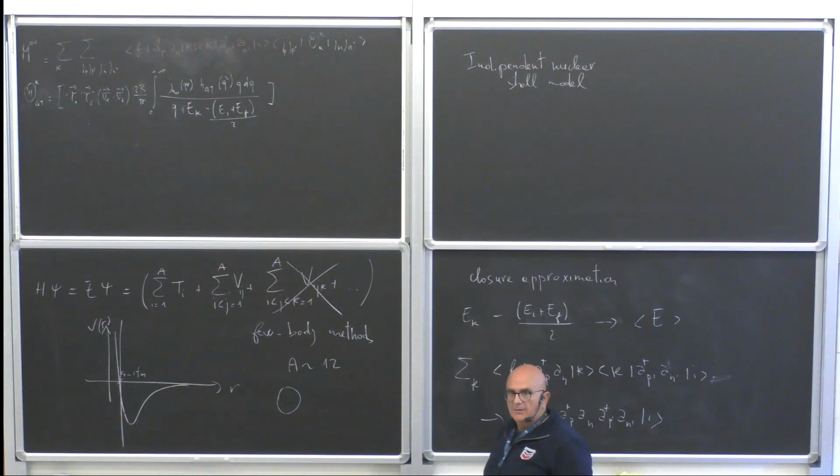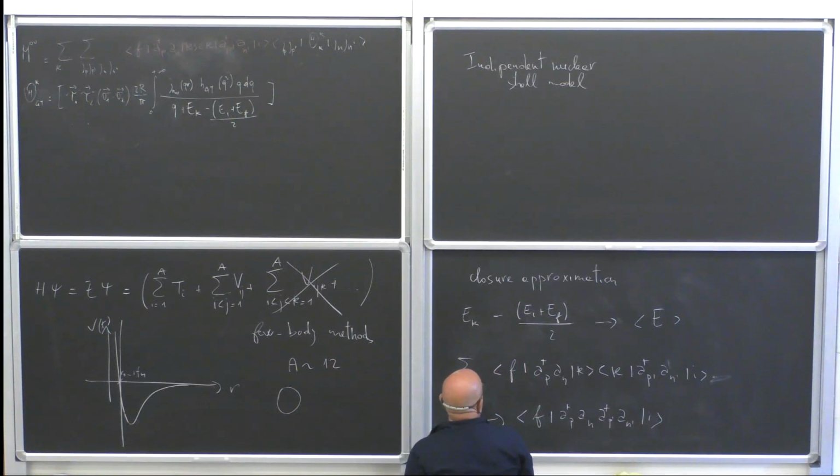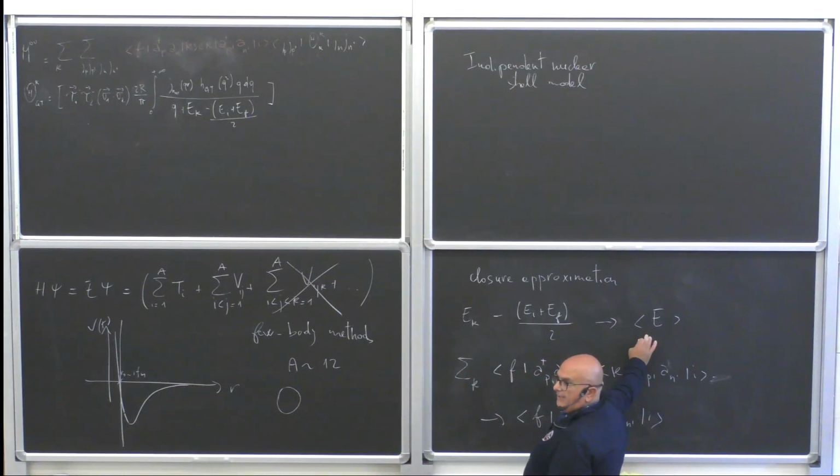This is a simplification. First of all, the dependence on this average value is very weak. If you use a reasonable value, a difference of a few MeV doesn't change your results in the end.